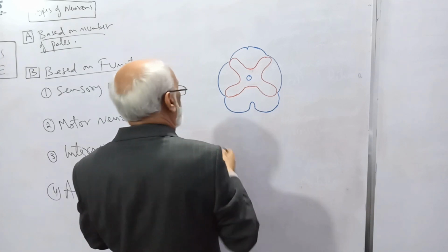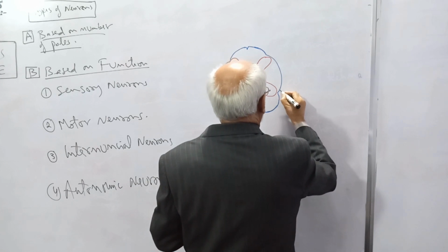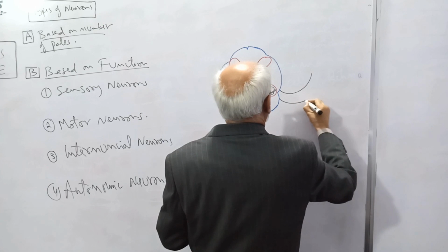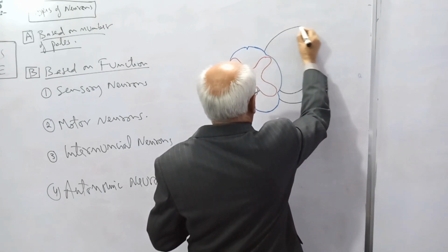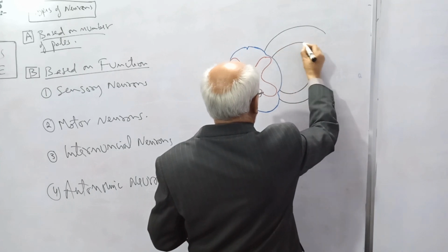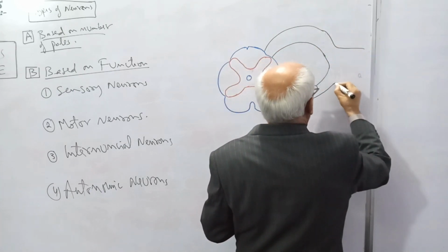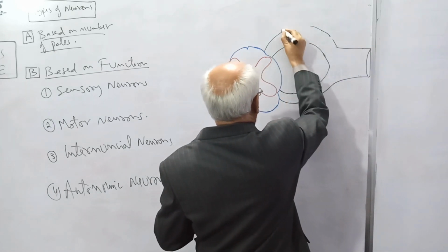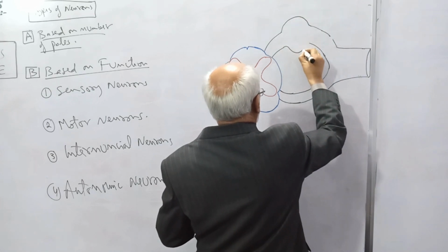Then we know the origin of spinal nerve from the anterolateral sulcus. Ventral root arises from the anterolateral sulcus. Dorsal root arises from the dorsolateral sulcus. The ventral and dorsal root join together to form spinal nerve. Dorsal root is characterized by presence of an oval swelling known as the spinal ganglion.